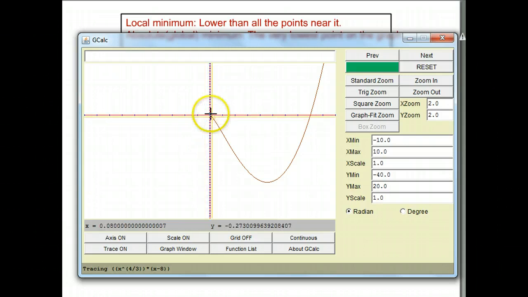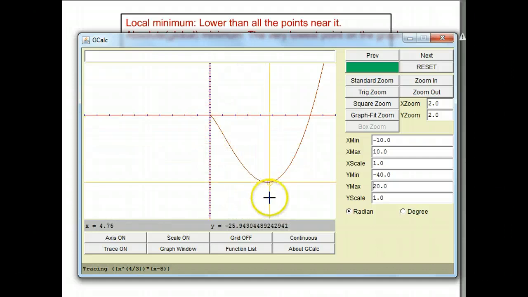It has to have points on both sides. And see how this, because of the domain, stops right here at 0. Your textbook does not consider that a maximum point because there's nothing to the left of it. You have to have points to the right and to the left that it's higher than.